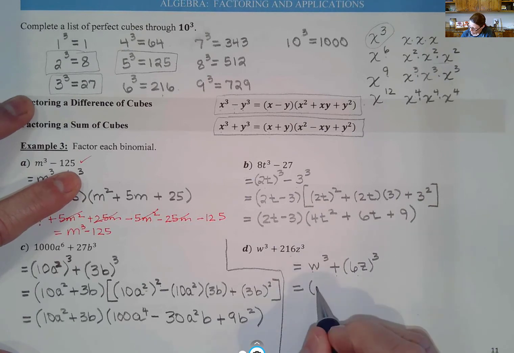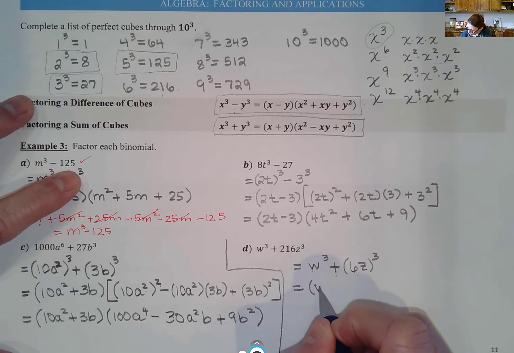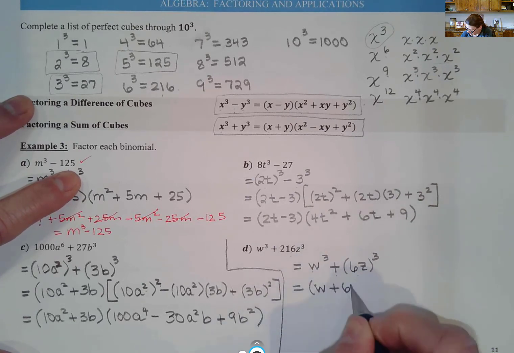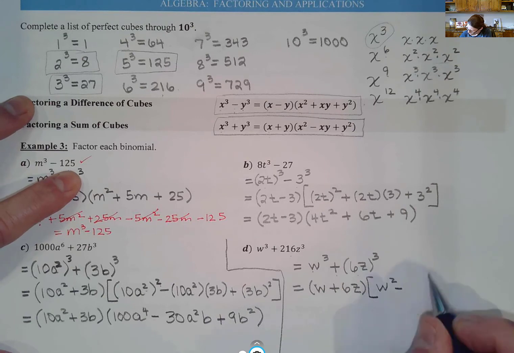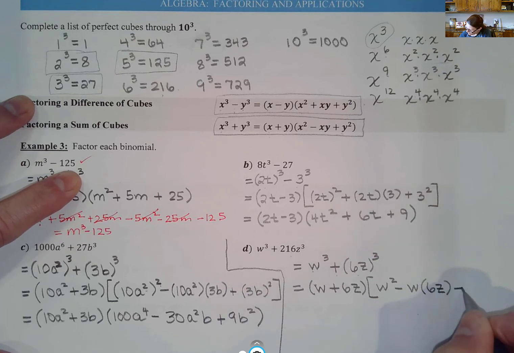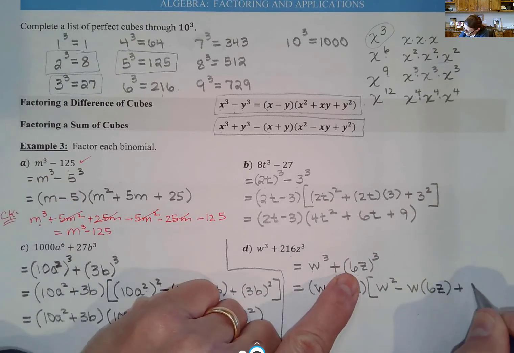Here we go. So this becomes w plus 6z times w squared minus the product w times 6z plus our last term, which is 6z quantity squared.